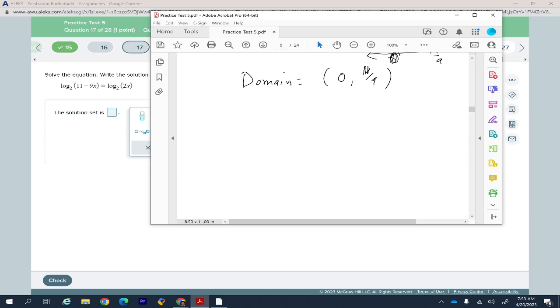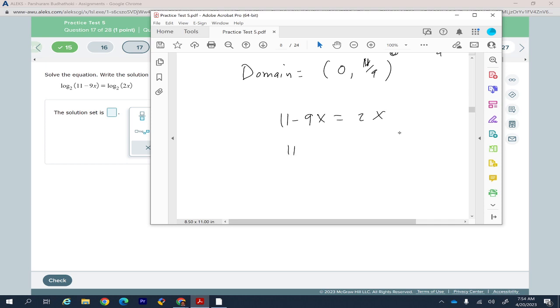You can have anything from here. Okay, and how do you solve this equation? Because both of them have the same log with the same base, you can just say 11 minus 9x equal 2x and solve for x. So if I add 9x to both sides, it would be 11x equals 11. So x equals 1. You see, x equals 1 is from here.